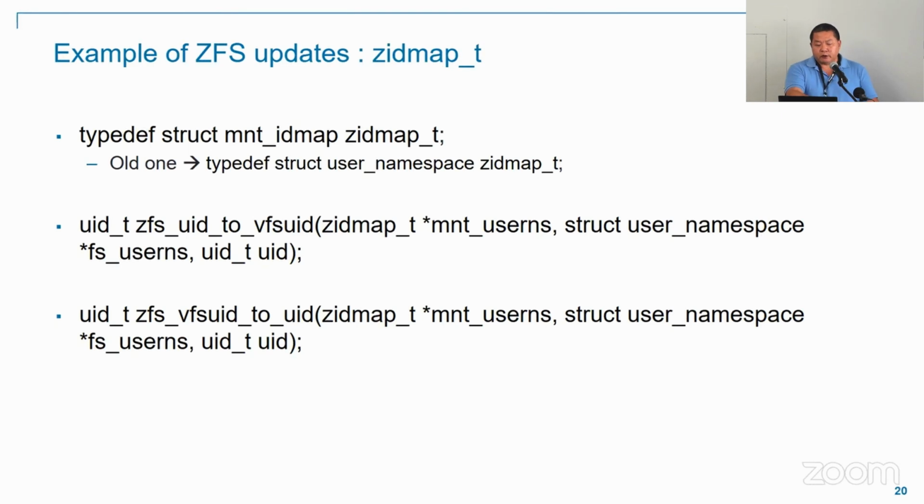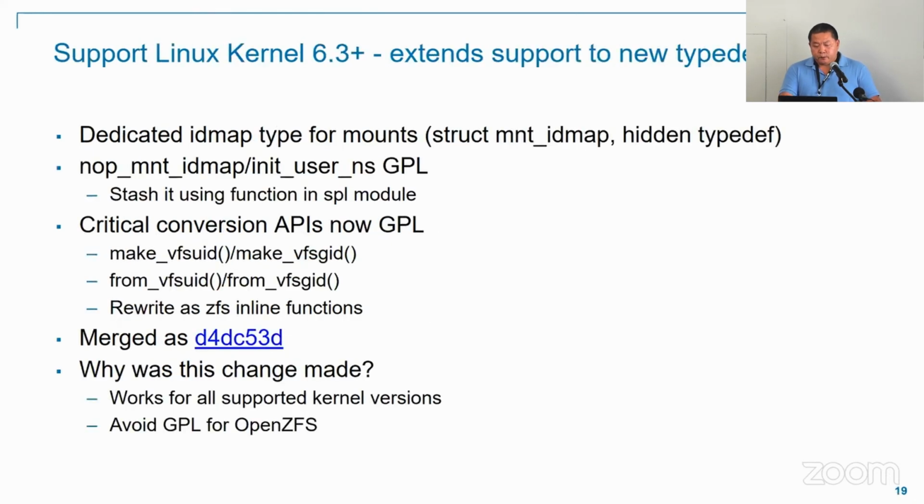So for the new kernel, we define this. For the old one, we still define it as a user namespace structure. Right. So it's almost the same translation function. You take the first one as a mount idmap, and the second one as a file system user namespace. Right. So that's all we did. But in this iteration, there are many changes. We have to take care of all the kernel versions.